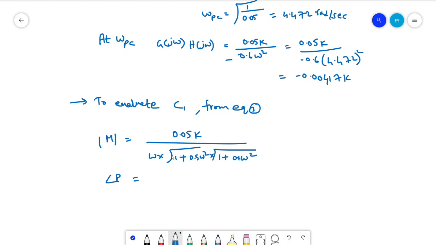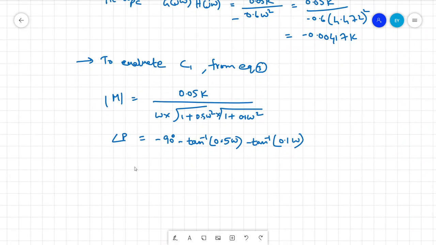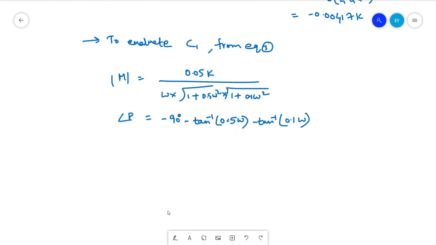Phase will be, since we have a pole at the origin in the denominator, minus 90 for the pole at origin, and minus tan inverse of 0.5 omega, minus tan inverse of 0.1 omega. This is the magnitude and the phase. Just check the magnitude and phase from omega equal to 0 to infinity, the initial and final points.